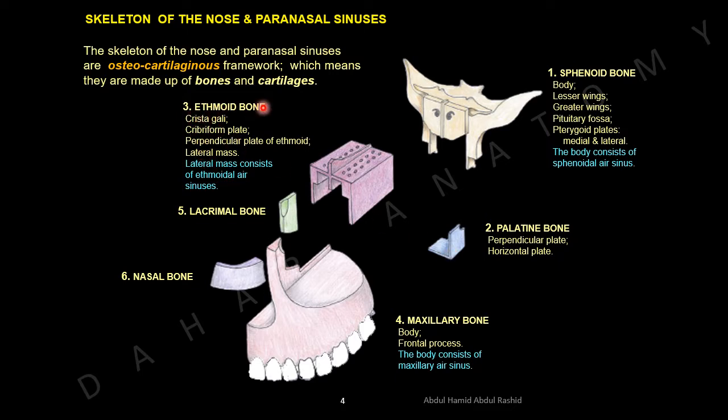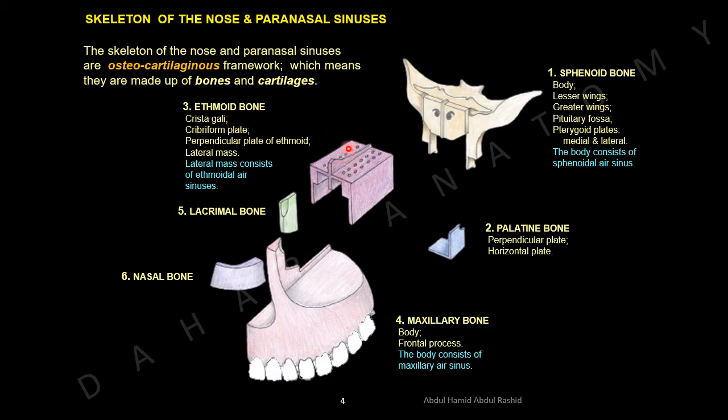The third bone is ethmoid bone. It is also a centrally located bone at the base of the skull, just anterior to the sphenoid bone. Both sphenoid and ethmoid bones are single bones. This is a flat triangular bone called crista galli.